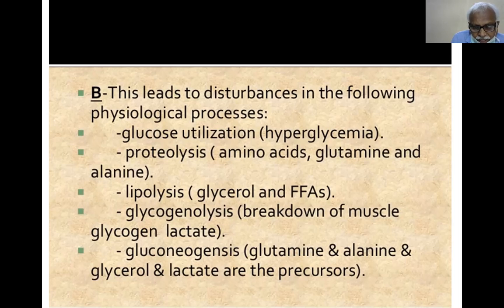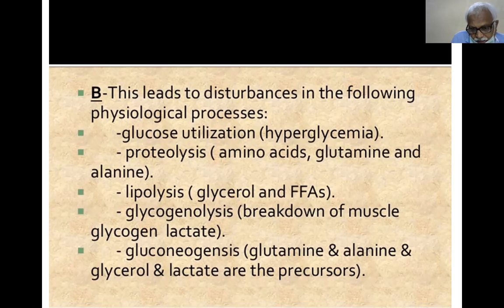In lipolysis, glycerol and fatty acids will escape the cell, and glycerol will take part in glucose production, and free fatty acids also will be oxidized. Glycogenolysis is the breakdown of muscle glycogen and production of lactate.